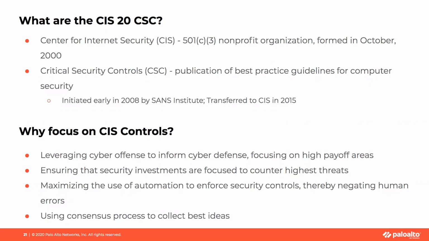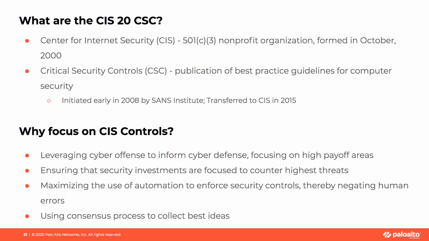Not just from a corporate environment, but today I'm also going to mention some of the controls that are important for securing your home network. They leverage cyber offense to inform cyber defense, focusing mainly on high payoff areas, ensuring security investments are focused to counter the highest threats, maximizing use of automation to enforce security controls, and using a consensus process to collect the best ideas.